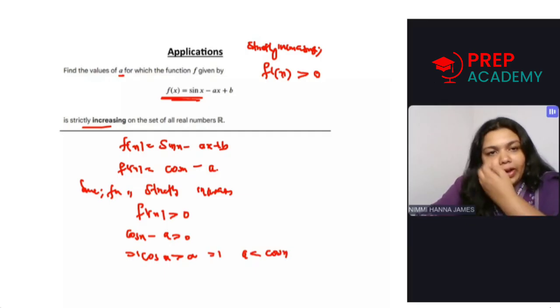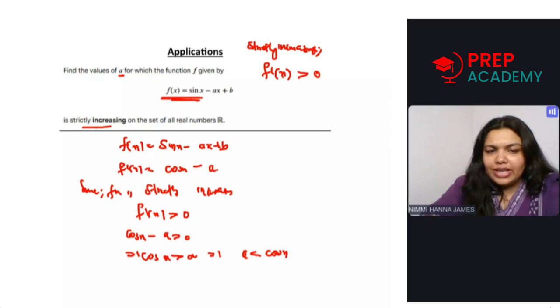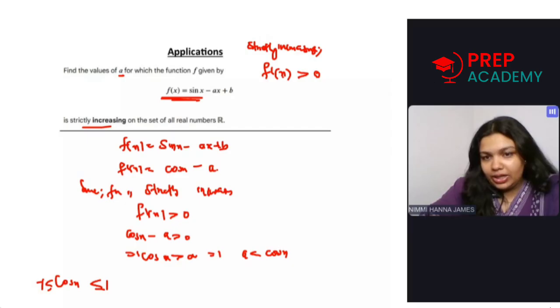So we wanted to find the values of a. Cos x, as we know, can have values always between 1 and minus 1, correct? The lowest value cos x can have is minus 1.